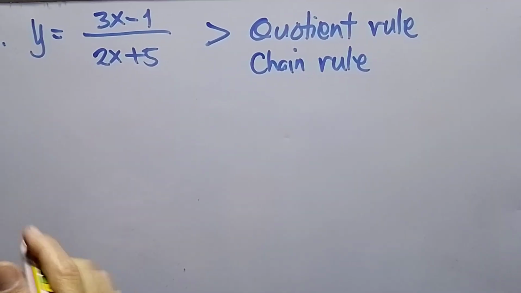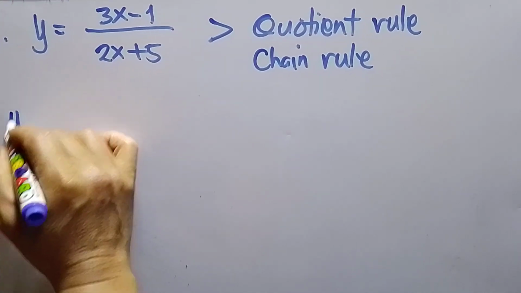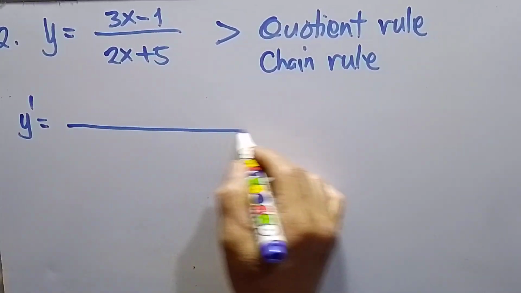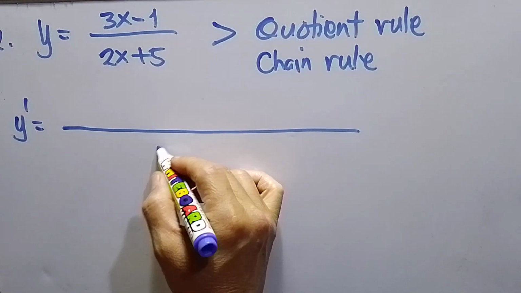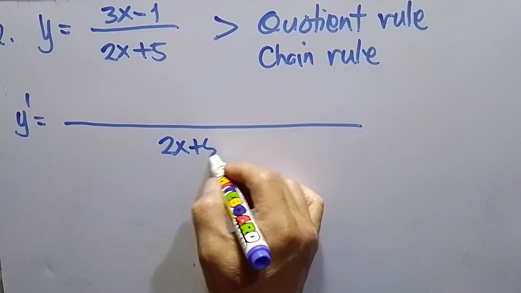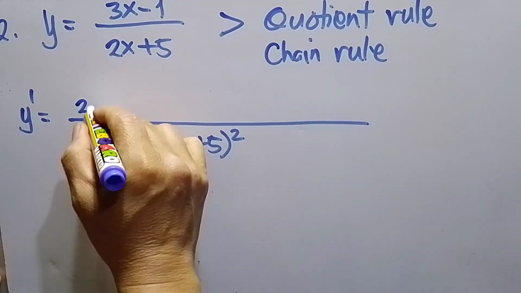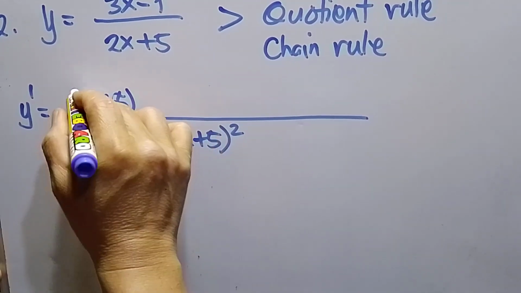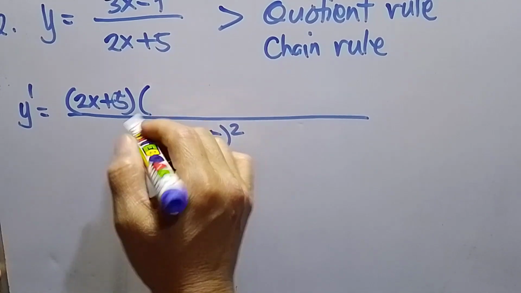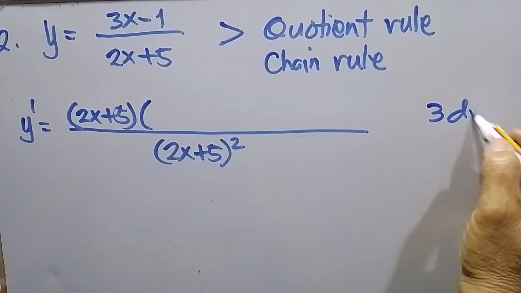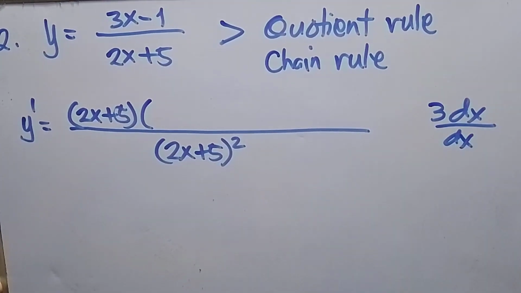Okay? So this will be y prime is equal to, okay, the rule is you have to square the denominator. Then copy the denominator. Differentiate the numerator. So 3 dx over dx, that will be 1.